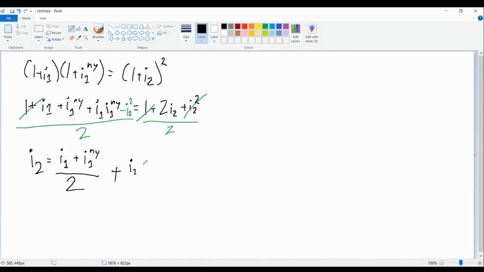I1 times I1 next year minus I2 squared over 2. But we're going to ignore this. Why? Because in general, it's going to be close to 0.